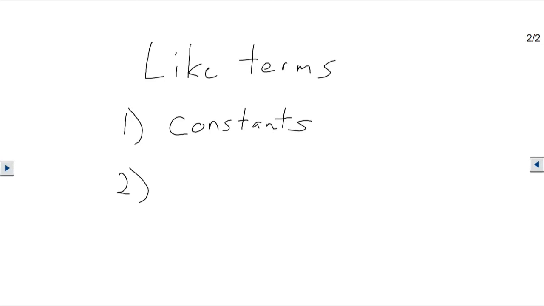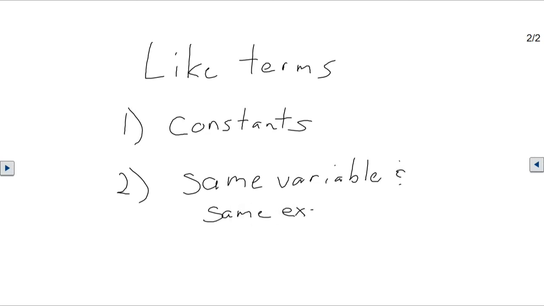The other type of like term we'll be dealing with has to have the same variable, including the same exponent. Let me give you an example here.